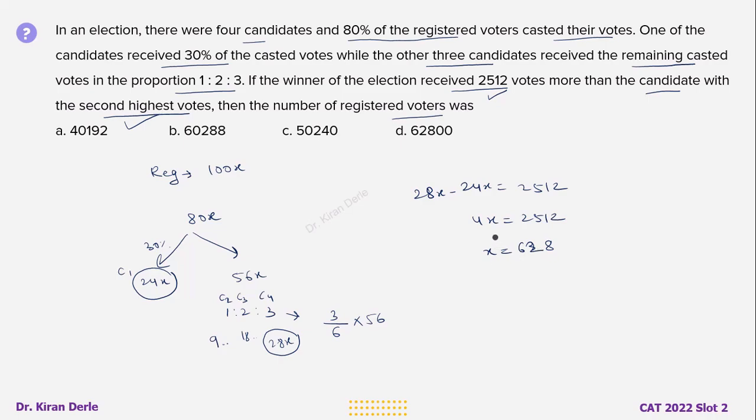But what we want is the number of registered voters. Registered voters we have assumed as 100x, so it will be 62,800. That's it. I hope you understood how systematically we go and get our answers.